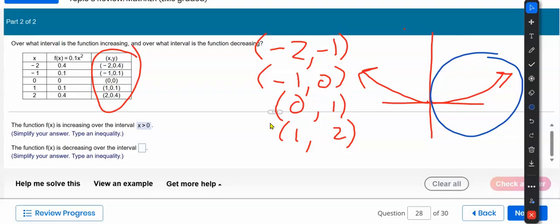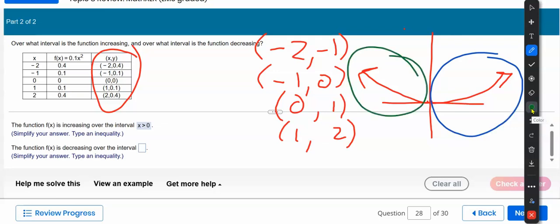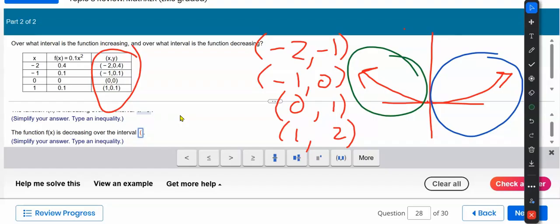Okay, the part that's decreasing. Wouldn't it be this part over here? All right, so what should I put in the box? It's got to be an interval, right?